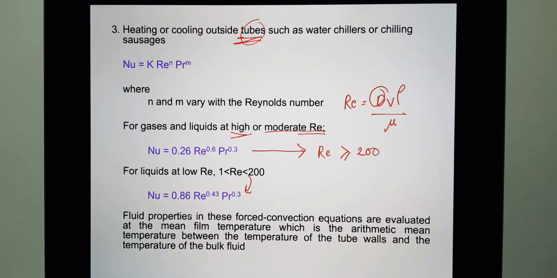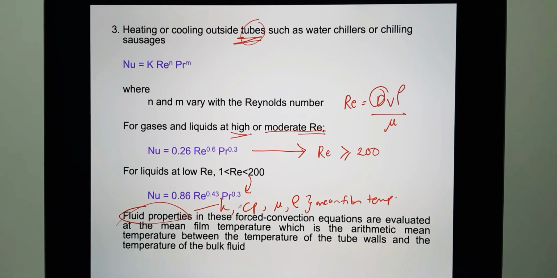Fluid properties in these forced convection equations are evaluated at the mean film temperature, which is the arithmetic mean of the temperature of the tube walls and the temperature of the bulk liquid. So the physical properties such as K, Cp, mu and rho are evaluated at the mean film temperature.